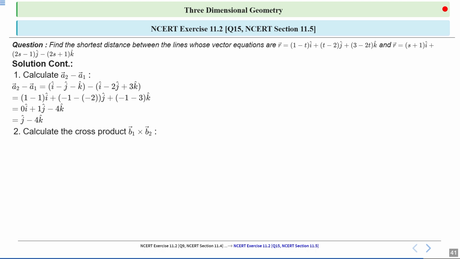Second, calculate the cross product b1 vector cross b2 vector. So we will get b1 vector cross b2 vector is equal to the determinant of i cap j cap k cap, minus 1 1 minus 2, 1 2 minus 2.